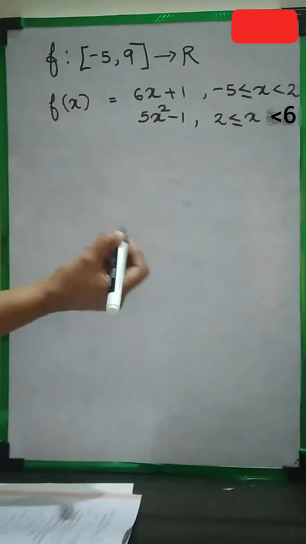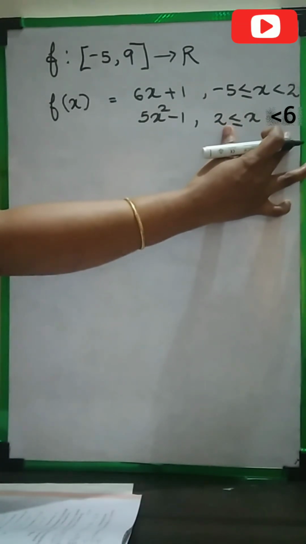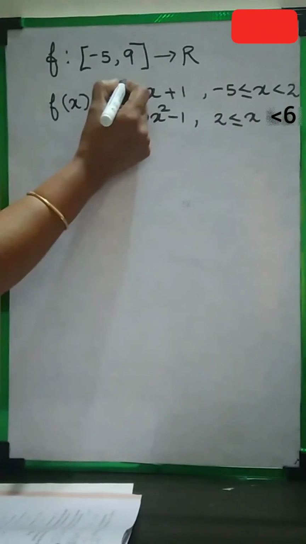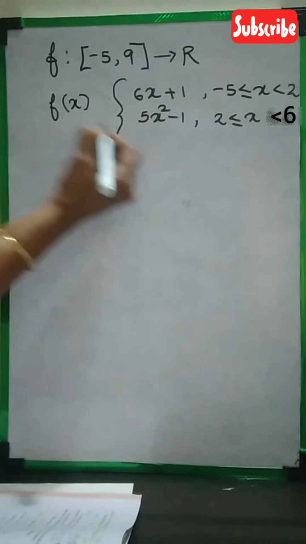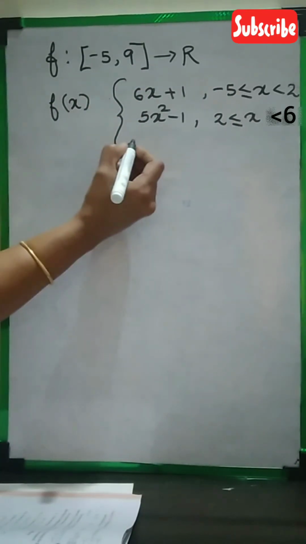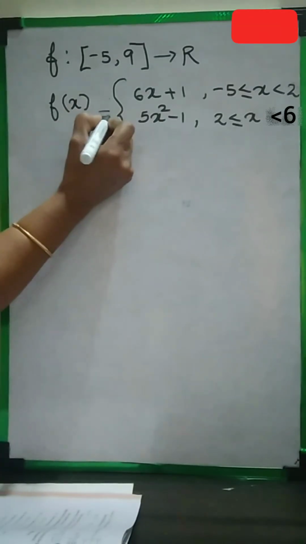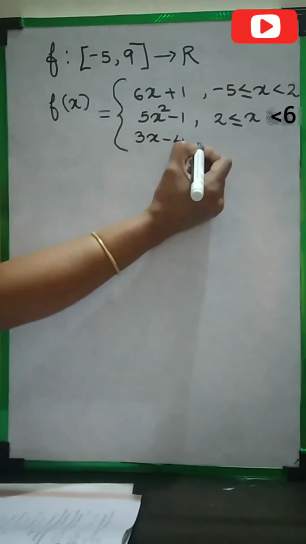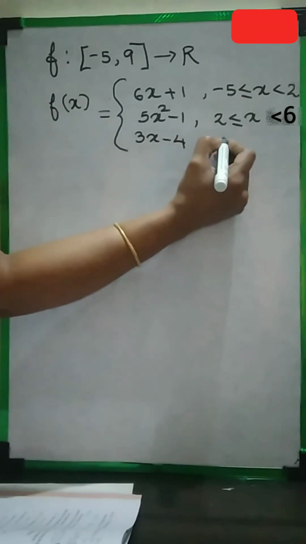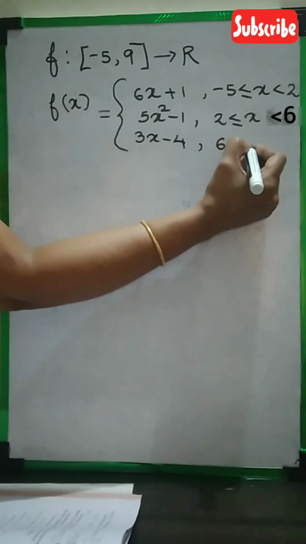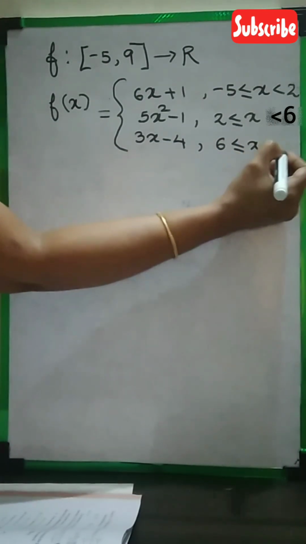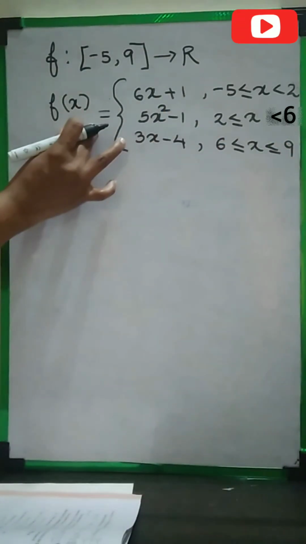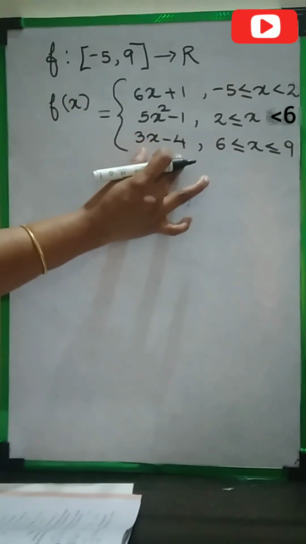Okay. இந்த interval வரும்போது f of x is equal to 5x square minus 1. And one more. F of x is equal to 3x minus 4 when 6 is less than or equal to x less than or equal to 9. Okay. In the interval f of x oda value 3x minus 4 இருக்கும்.